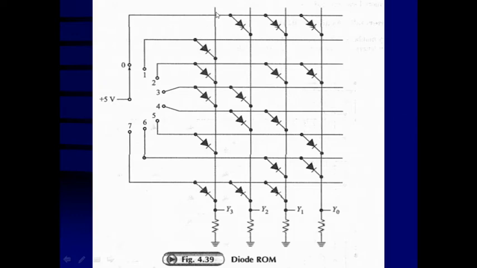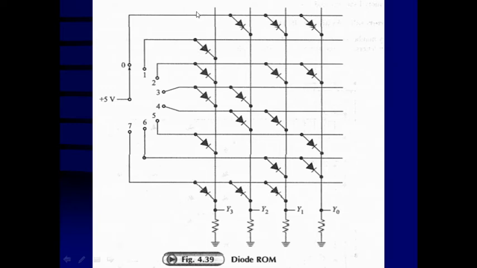There are 4 vertical lines. These 4 vertical lines are connected to the ground through some resistance, and the output is taken here, Y3, Y2, Y1 and Y0. This horizontal line and vertical lines are connected through some diodes, depending upon what kind of data you want to store.